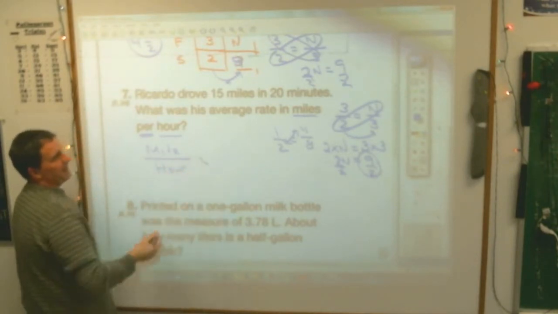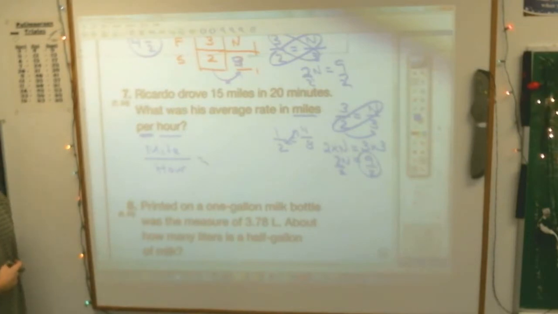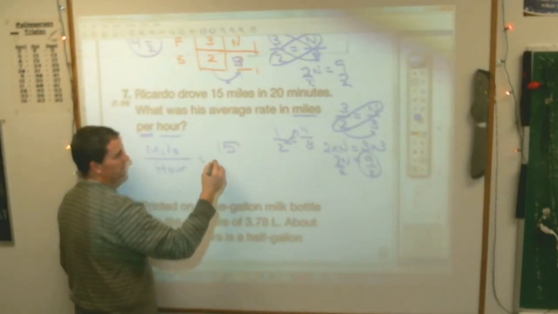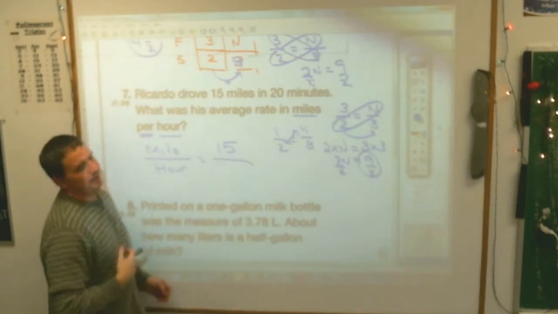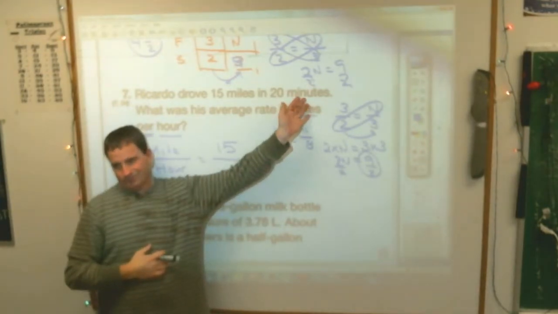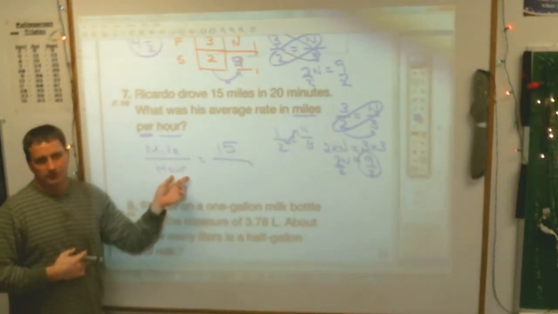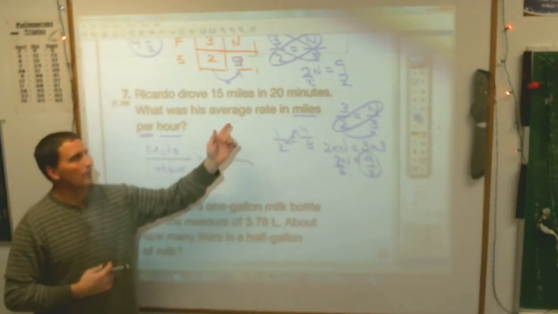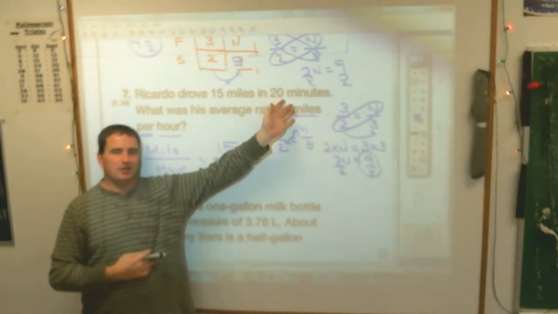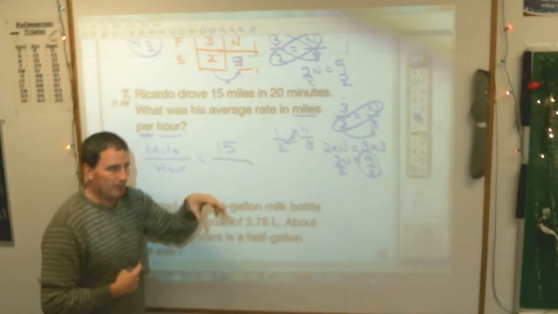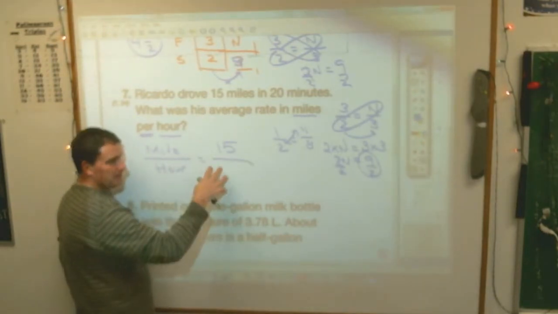So if that's the case, how many miles did he go? He went 15 miles. Here is where people get confused, though. He did it in 20 minutes. That, unfortunately, is not in hours. So you have to figure out 20 minutes is how much of an hour? It's a third of an hour. Now, this might confuse you.